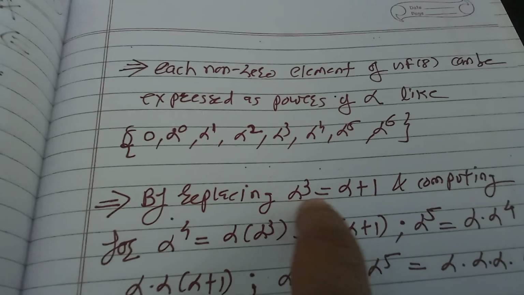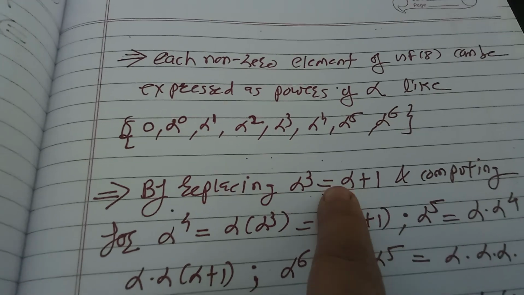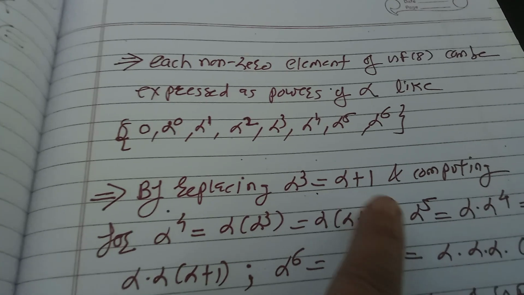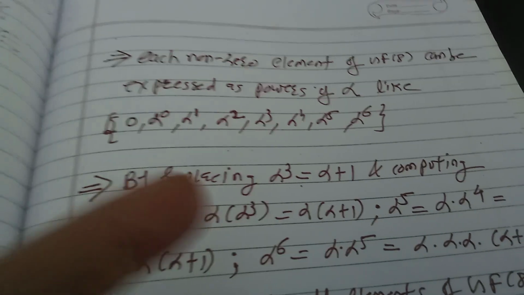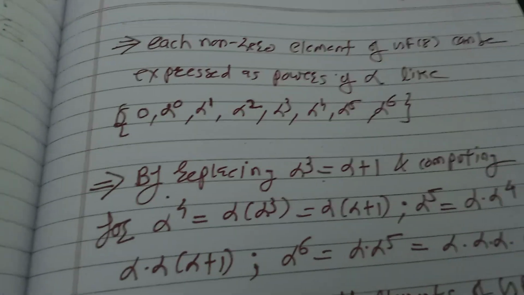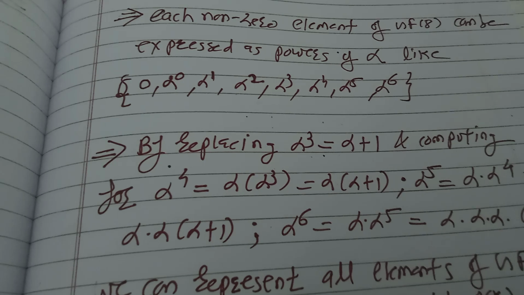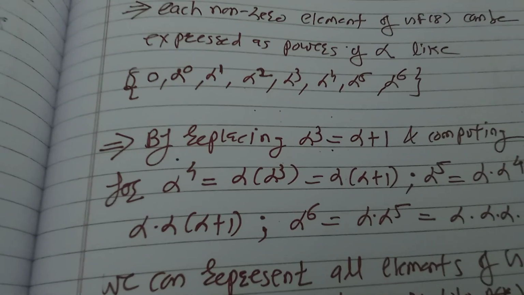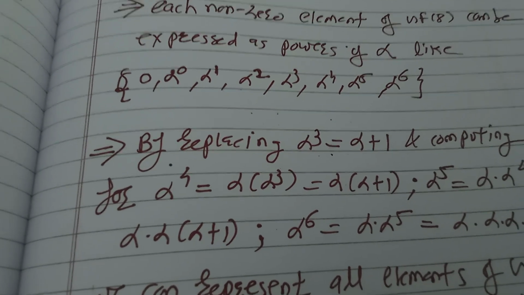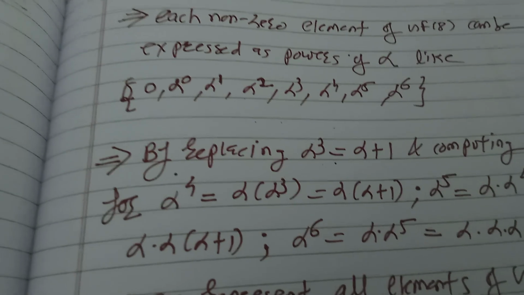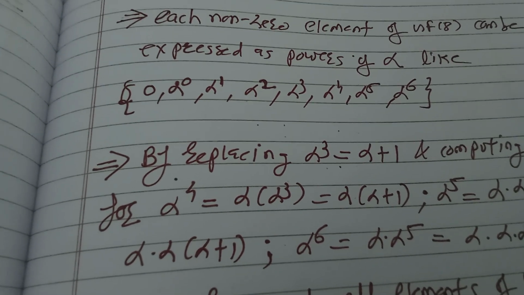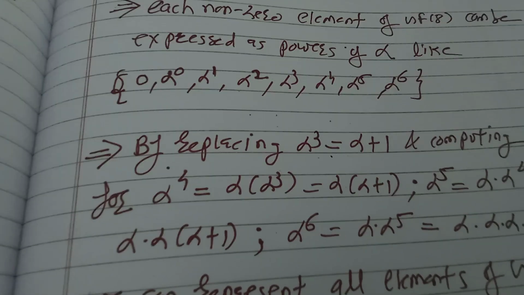So we can say it is mod of the primitive polynomial. That we will see in the next video in detail. Right now you just have to understand that we are representing in terms of the primitive polynomial equation, because we are putting alpha as a root of the primitive polynomial and we are getting this equation.